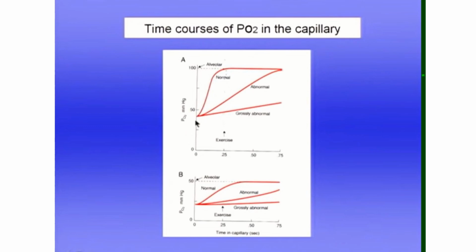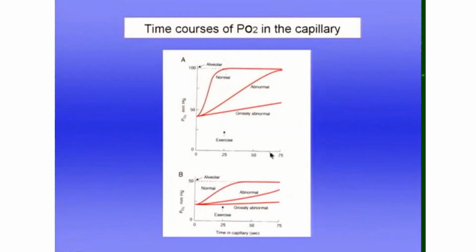But as we've seen, if the blood-gas barrier is thickened, we get a slower rise, and there is perhaps a little bit of diffusion limitation there, but under grossly abnormal conditions, we can get serious diffusion limitations. Now, there are three ways in which we can challenge the diffusion processes across the blood-gas barrier. The first one we've already mentioned, that is, the blood-gas barrier can be thickened by disease, and that certainly challenges the diffusion process, as we can see.